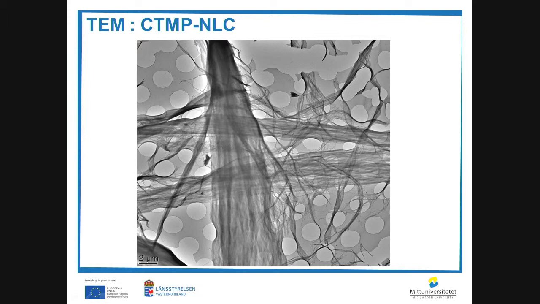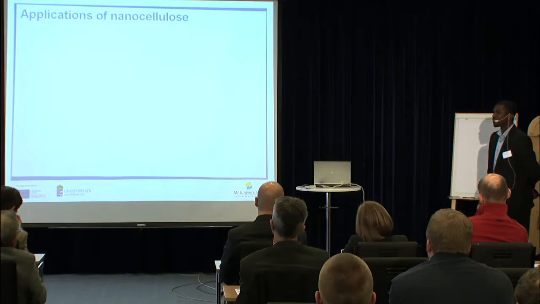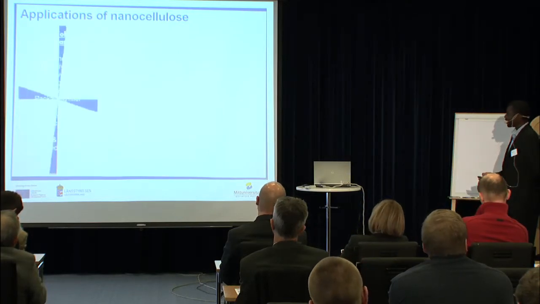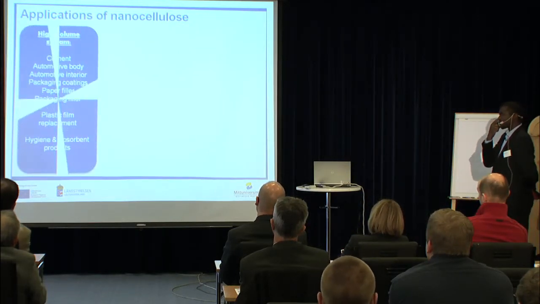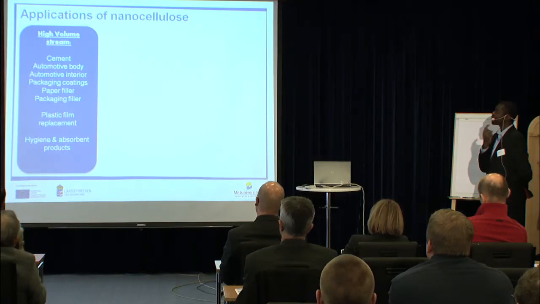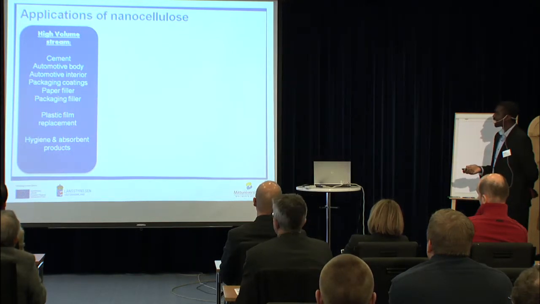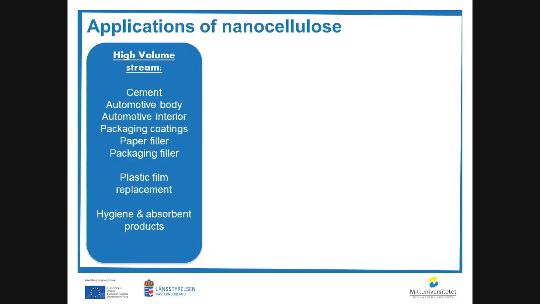And also, I'm going to highlight the applications here. Nanocellulose has high volume applications in the pulp and paper industry. We can use it also in cement factories, in automobiles, interior packaging materials, and also in plastic films and hygienic absorbent products.